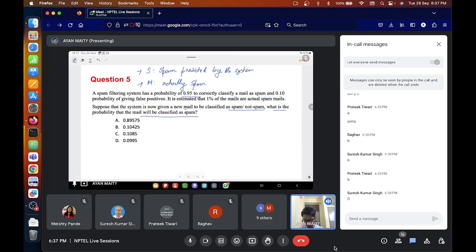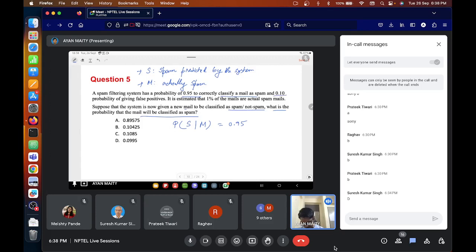The first one is the spam filtering system has a probability of 0.95 to correctly classify a mail as spam. So that means, given the mail is spam, what is the probability that it is marked or predicted as spam by the system. So this is probability of S given M, which is 0.95.